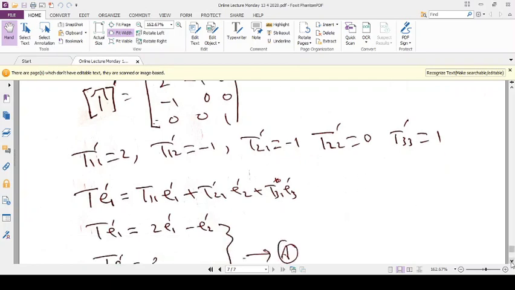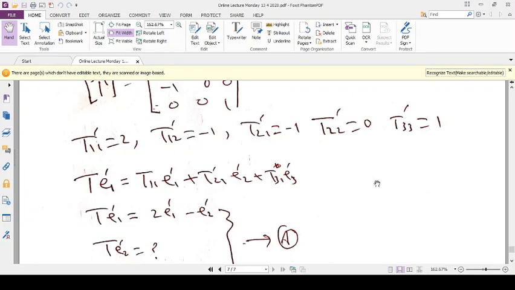So Te1 dash is T11 dash e1 dash plus T21 dash e2 dash plus T31 dash e3 dash. So here will be T11 dash, T21 dash, again T31 dash. I should write dash here. I have written dash; here should also be dash.